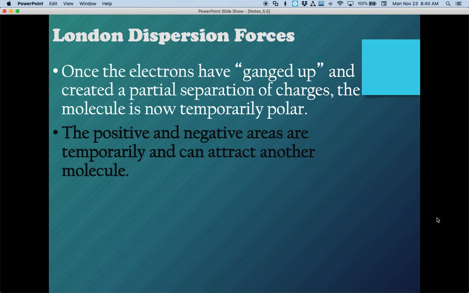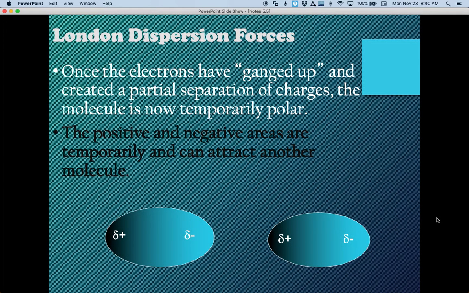And so a London dispersion force is kind of just a natural occurrence that happens in all molecules. Again, you don't need to write any of this down right now. That creates this kind of momentary polarity. So just every now and then, temporarily, molecules become polar because the electrons just find themselves on one side of the atom.